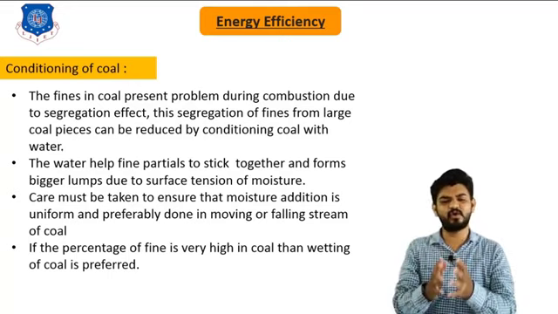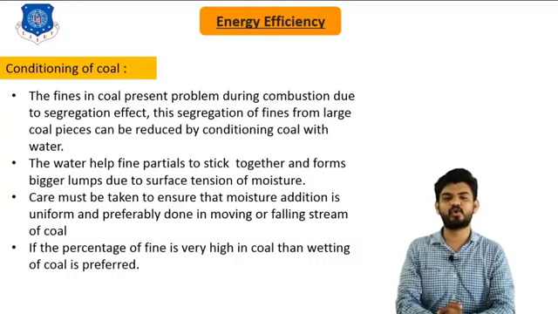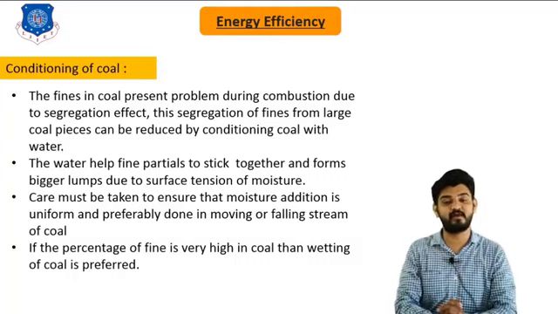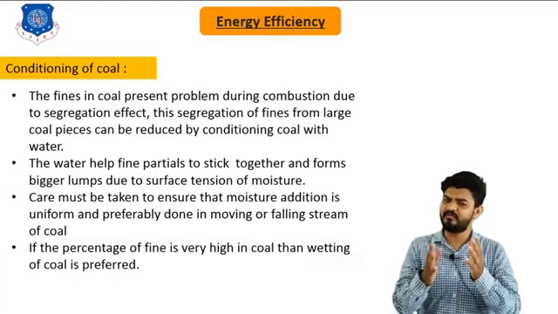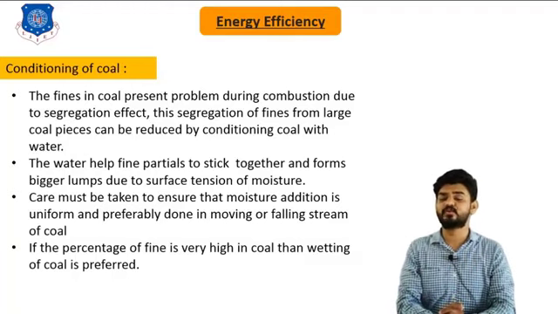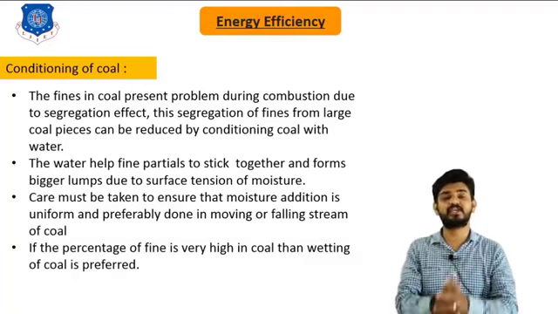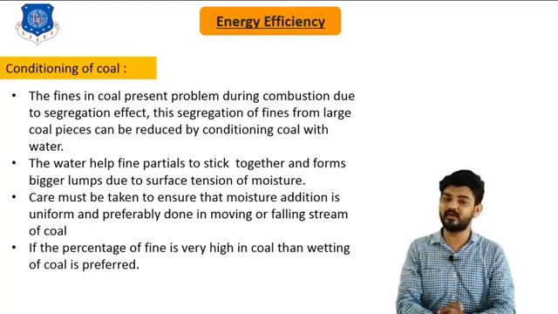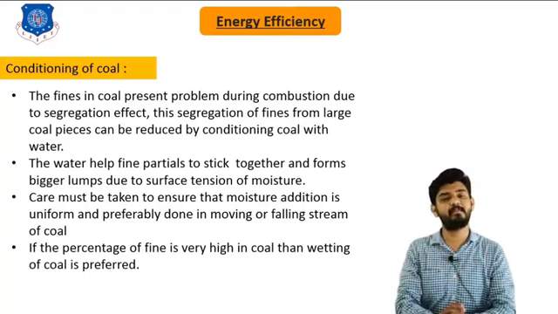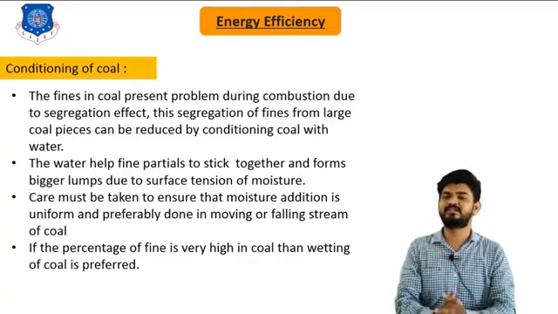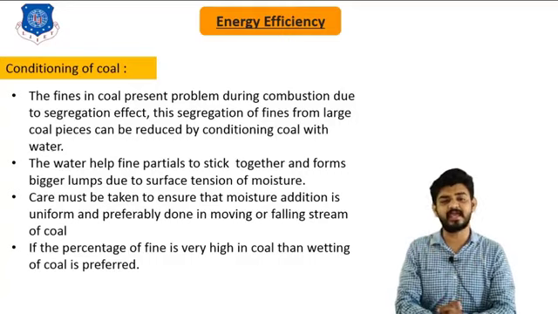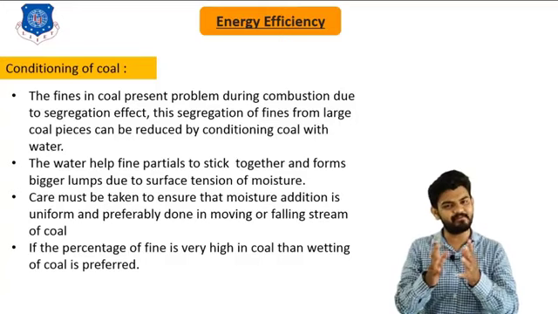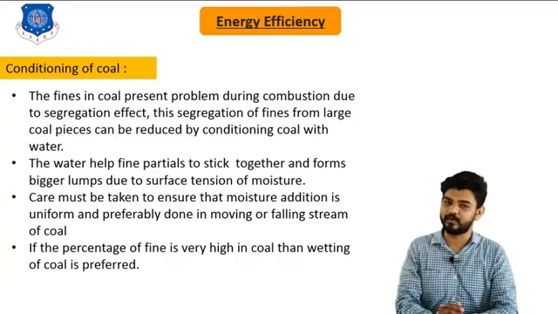If the percentage of fines is very high in coal, then wetting of coal is performed. So we always care about the moisture so that the moisture on the coal gets uniform throughout and we get uniform efficiency and uniform burning of coal. If the fine percentage is high, then we use the wetting process for the conditioning of coal.